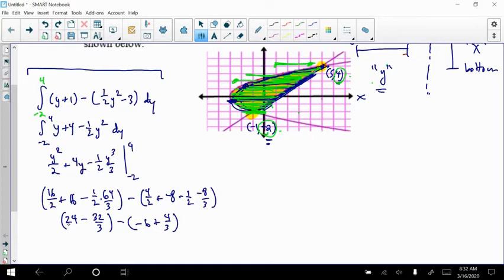So if I think about this, 24 minus 32 thirds minus a -6 plus 4 thirds. Let's see, 24 plus 6 is 30. -32 thirds minus 4 thirds is -36 thirds, which is 18. So it looks like I have 30 minus 18, which is an area of 12. And obviously simplify that as needed.